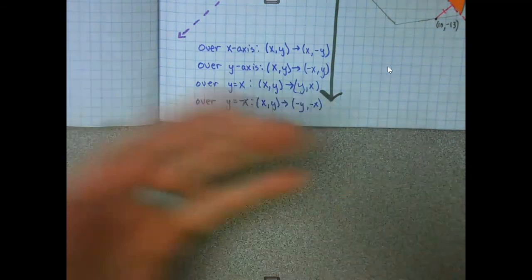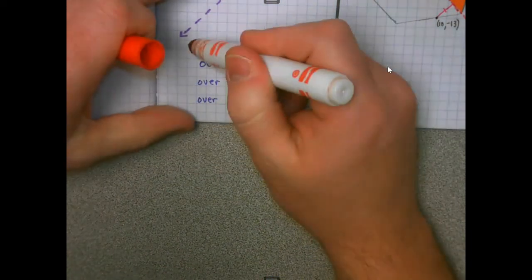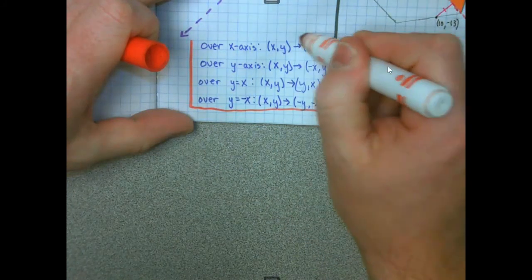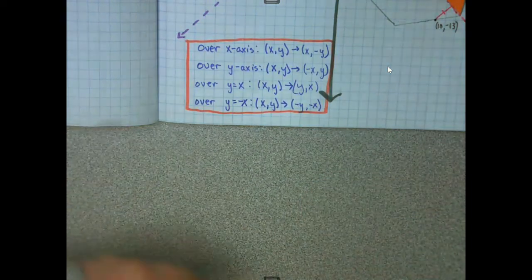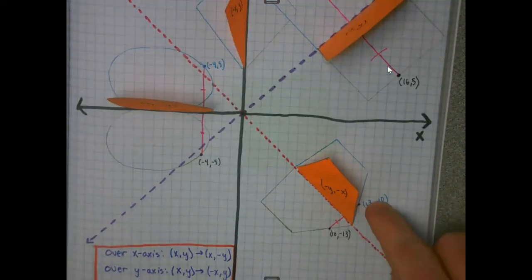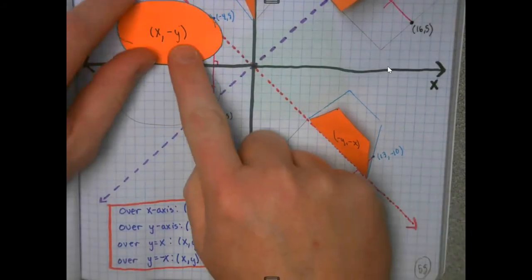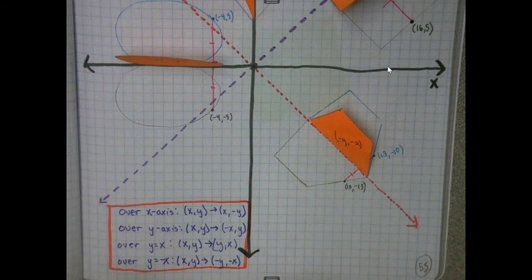Okay, so you flip them and change the signs. This is important here, this section. This is important to know. Okay, you will need to know these, and you will need to be able to use them on the test. Okay, so if I give you an image, you plug it in, or you switch them, or you just change the signs of these ordered pairs. That's one way to do the reflection.